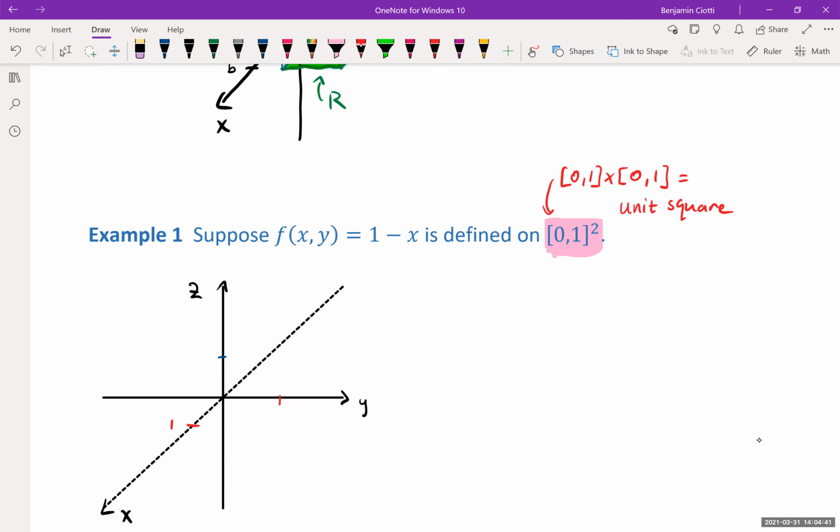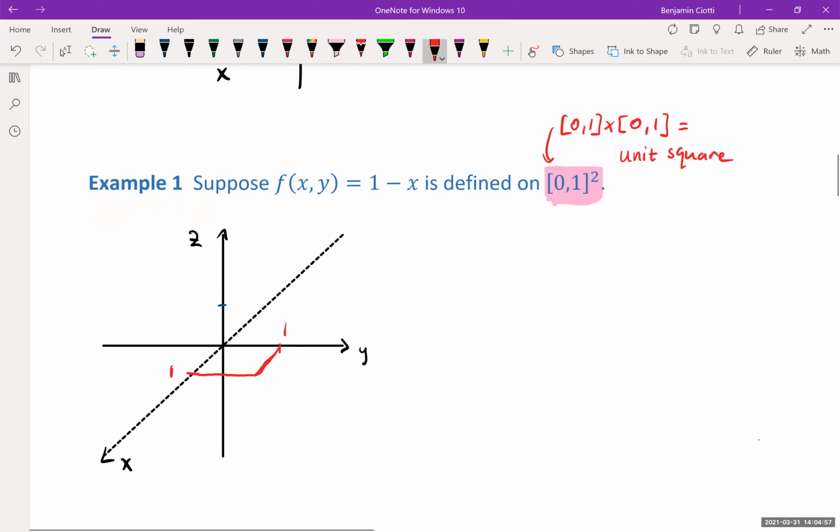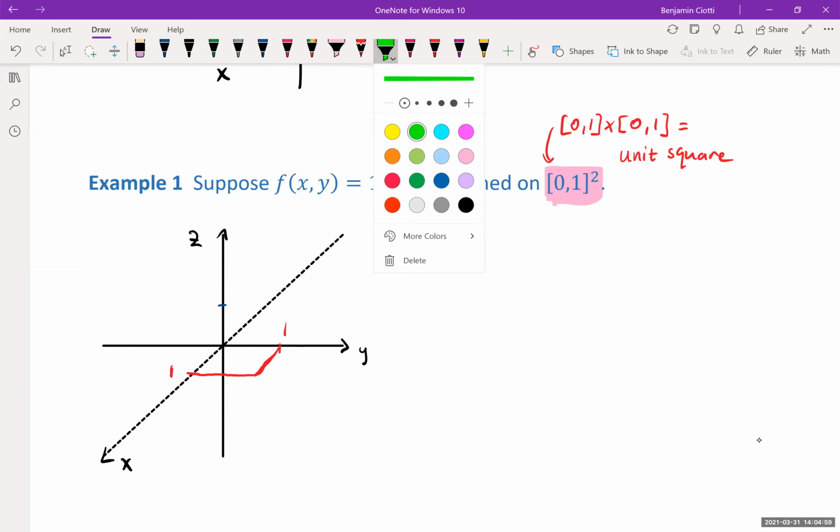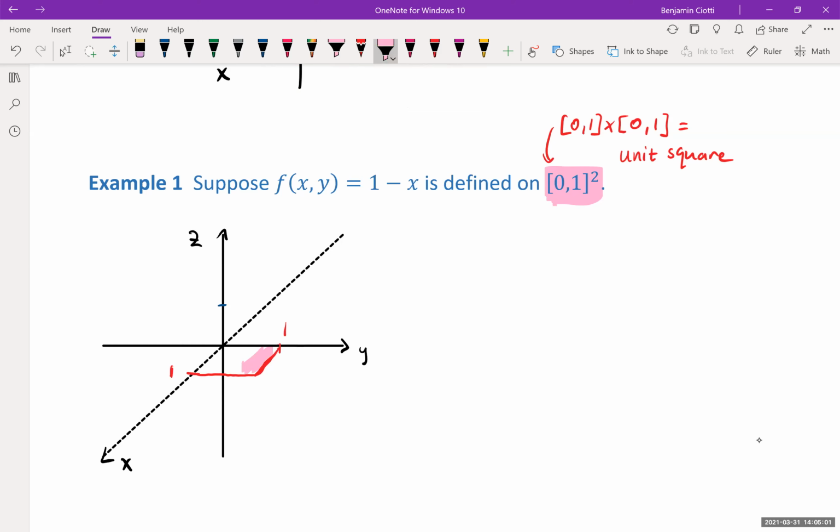Let me try to draw it in the picture below. There's 1 on the x-axis and 1 on the y-axis, so my unit square is this square right there.